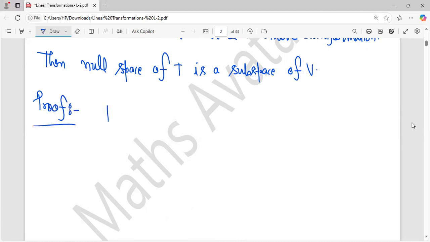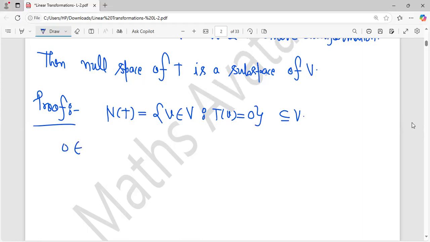So obviously N(T) is the set of v belonging to V such that v is mapped to 0 under T. So obviously this is a subset of V. We know 0 belongs to the vector space V, and a linear transformation takes 0 to 0. So this implies 0 belongs to N(T).